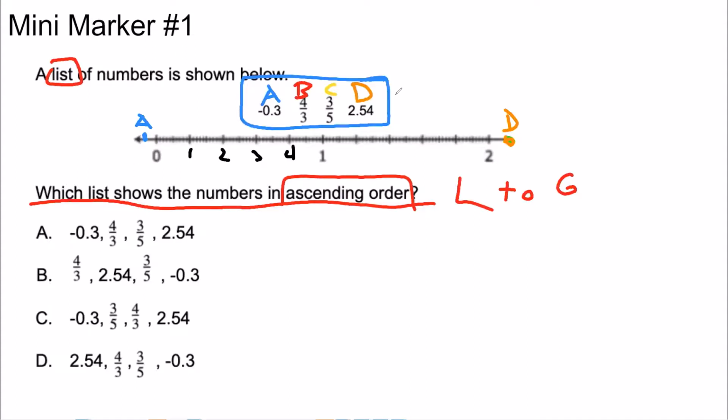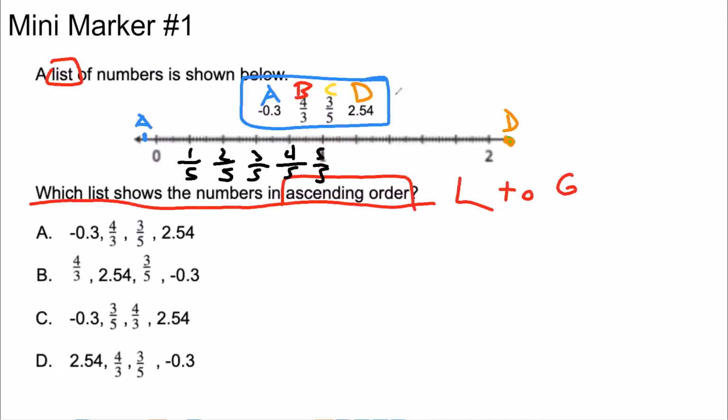So our number line is broken up into 5 parts to make a whole. And what I mean by that is we have 1/5, 2/5, 3/5, 4/5, and 1 would represent 5/5.